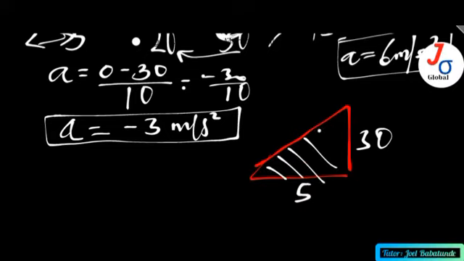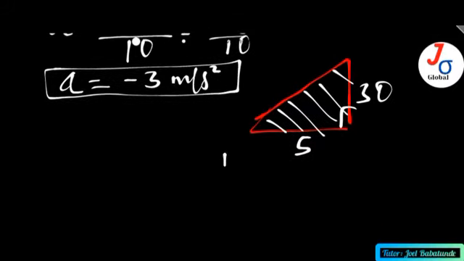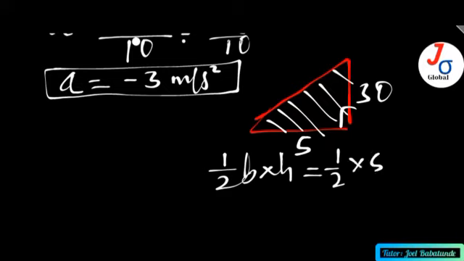Can we find the area of this triangle? Remember, this is a right angle triangle, and the area of a right angle triangle is half base times height, and half times 5, which is the base, times the height, is 30. So 2 here 1, 2 here 15.